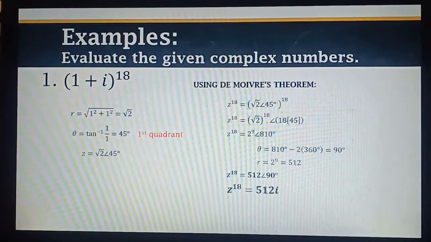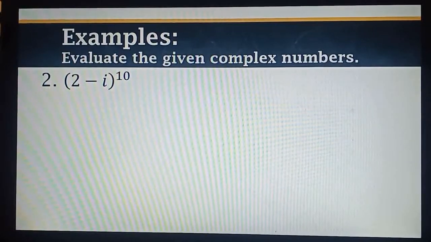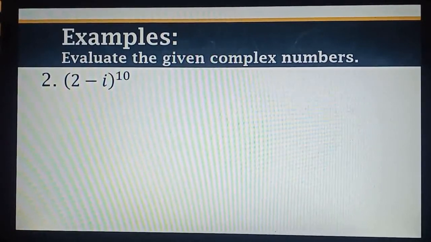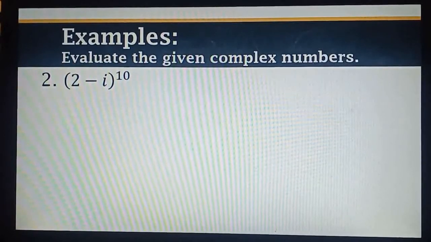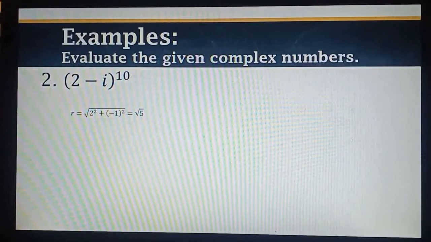So next example, let's say we have the quantity of 2 minus i raised to 10. Then getting the polar form of 2 minus i, you will have the value of r as the square root of 2 squared plus the negative 1 squared, which is equivalent to the square root of 5.